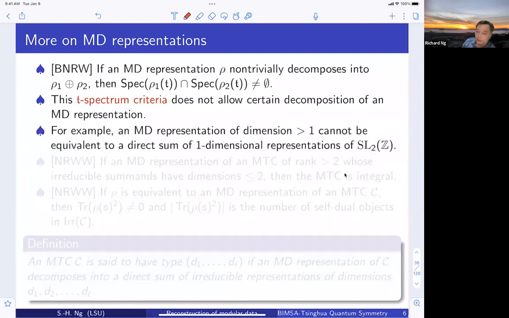One application you can see is: can an MTC representation of dimension bigger than 1 be a direct sum of one-dimensional representations?